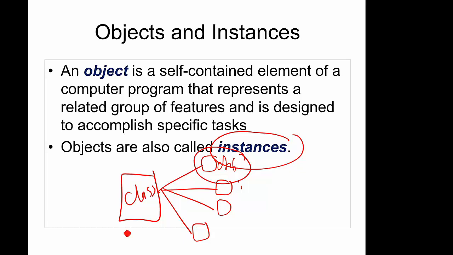For example, if you have a class called instructor, you can then instantiate myself as an object of that class. Later on we will see that if I define something like int x, you can also say instructor and then a name.